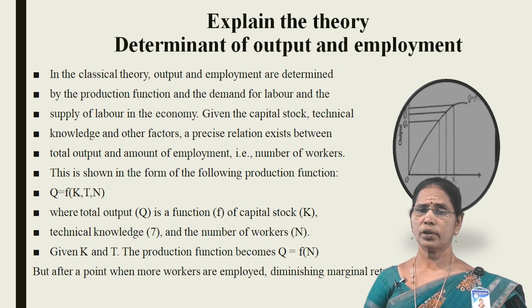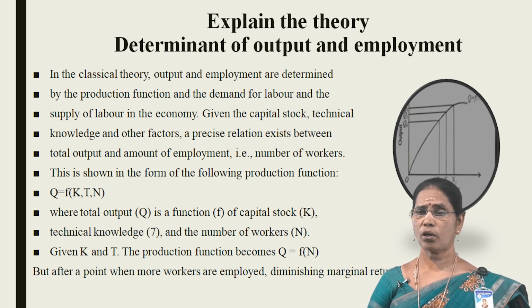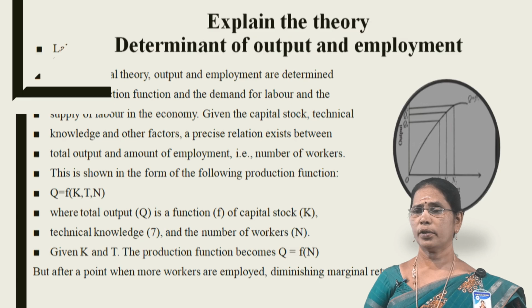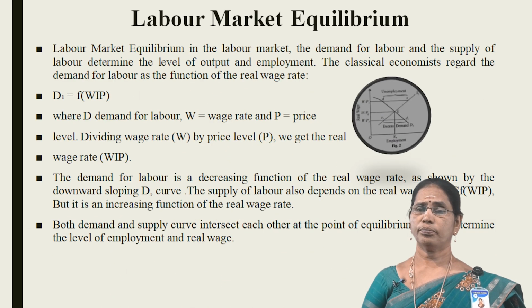Q is equal to a function of K, T, N, where total output Q is a function of capital stock K, technical knowledge T, and the number of workers N. Given K and T, the production function becomes Q is equal to a function of N. But after a point when more workers are employed, diminishing marginal returns set in.